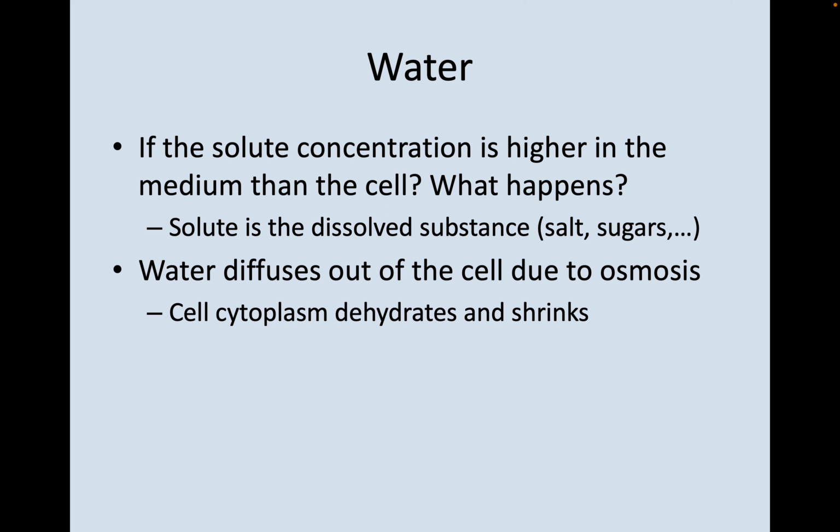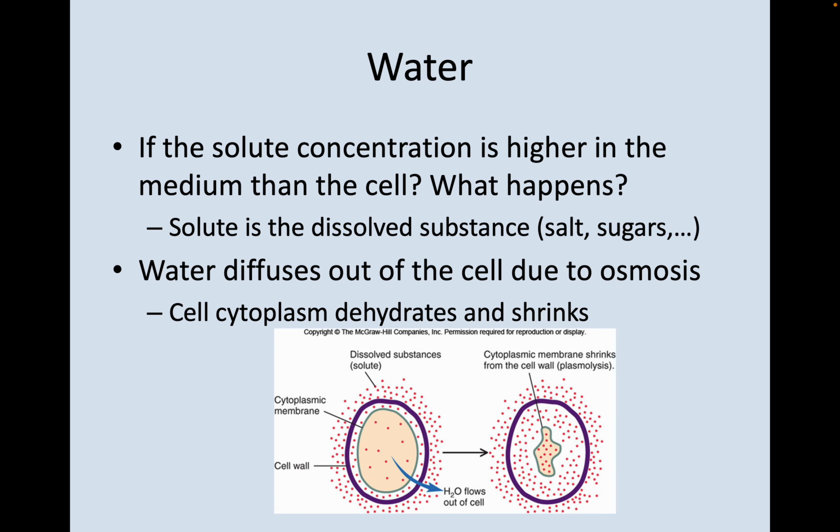So the cell cytoplasm would dehydrate and shrink. Water's always going to move to the area of lower water concentration. So here you can see in the picture on the bottom left, the cytoplasmic membrane is the green line. The cell wall is the purple, right?